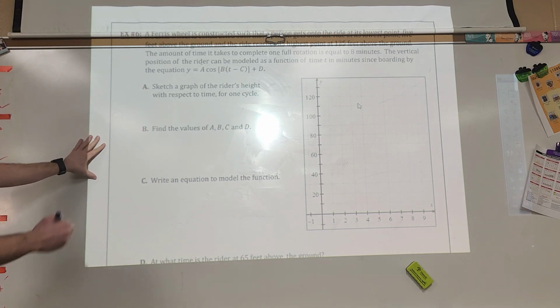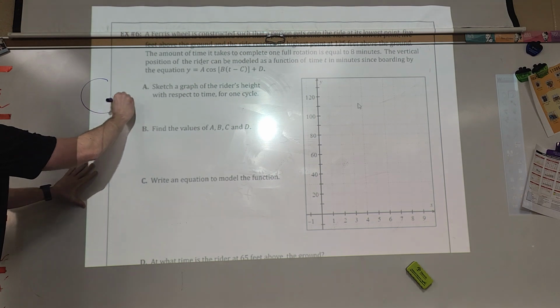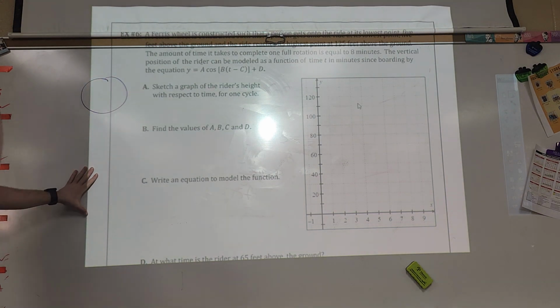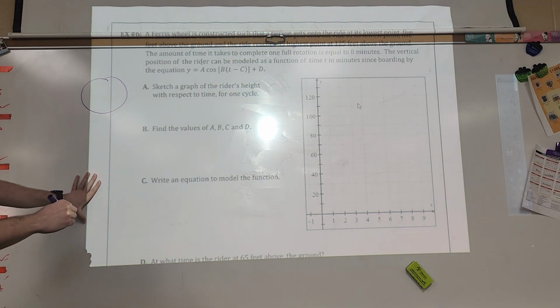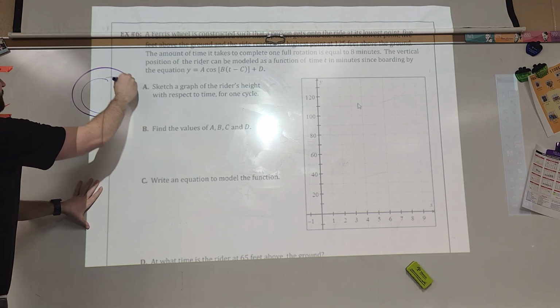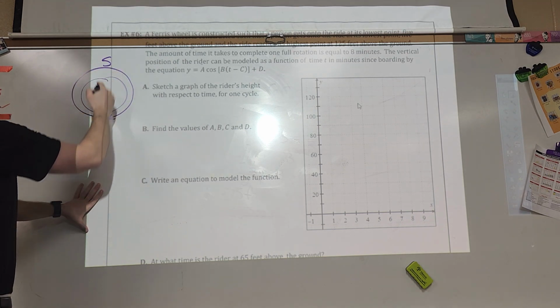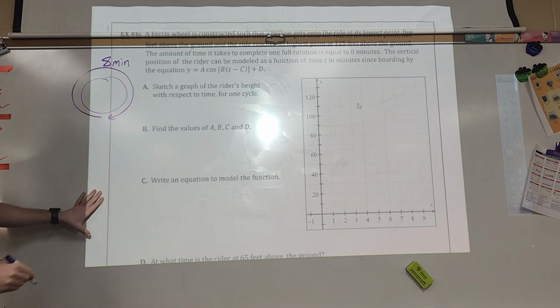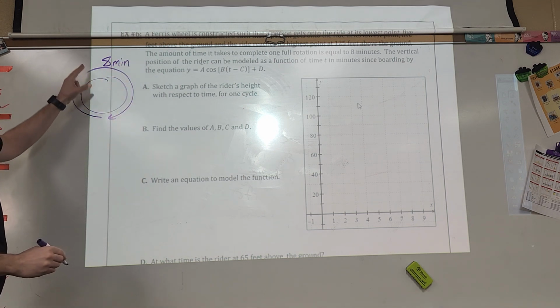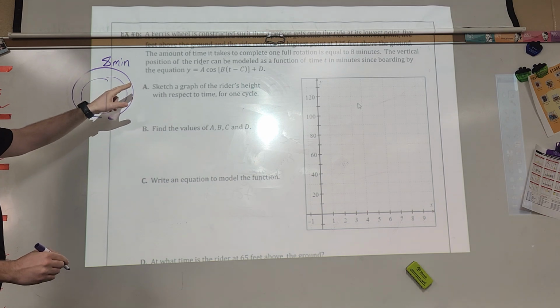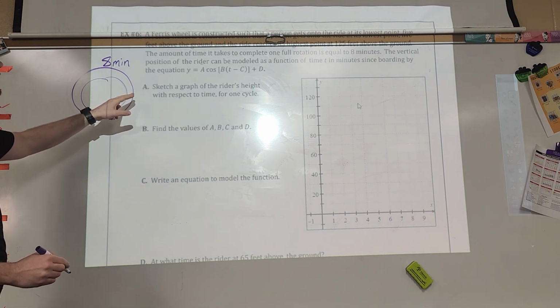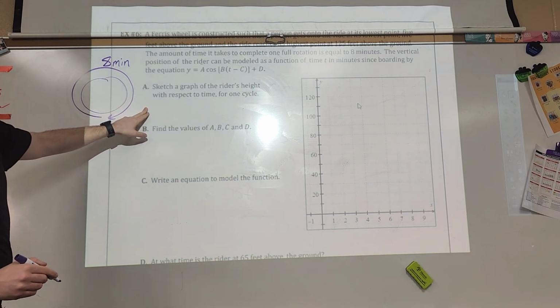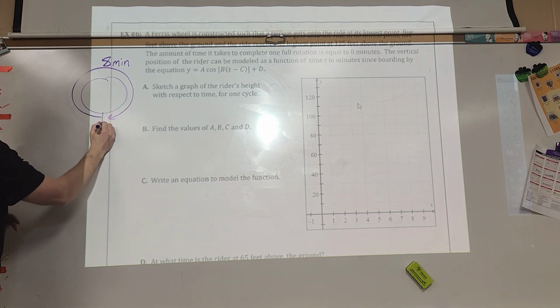All right, so what I like to do is I'm going to draw a Ferris wheel. It's going to help me think about this. I'm going to label it too. It takes 8 minutes to go around. What else do I know? It's 125 feet above the ground, and the lowest point is 5 feet up.